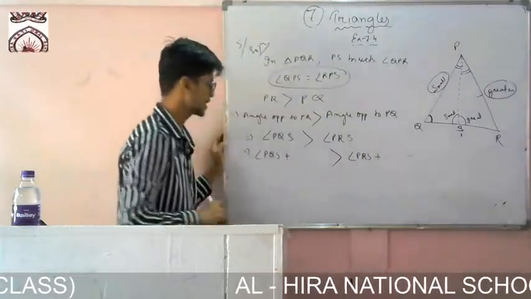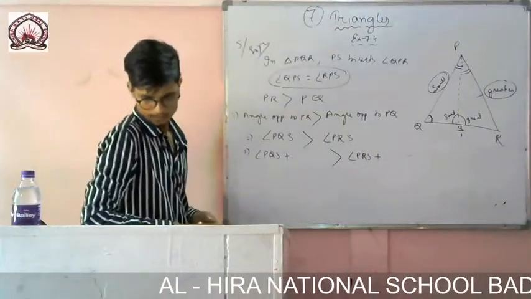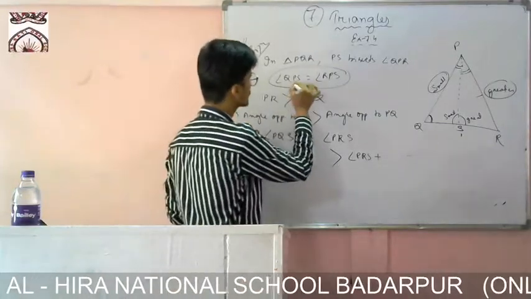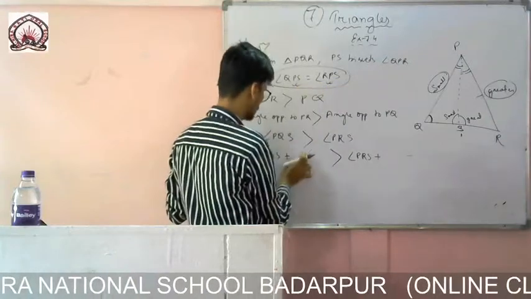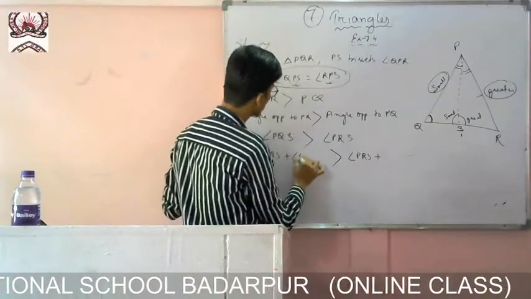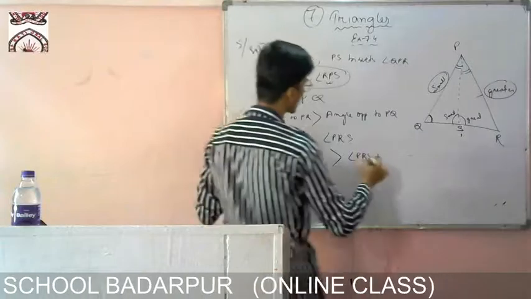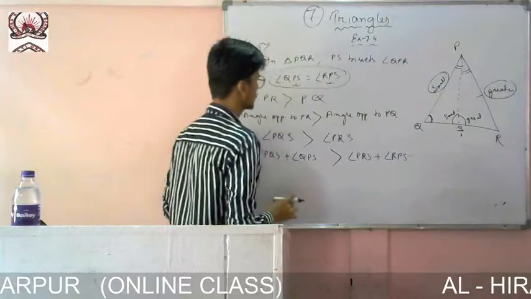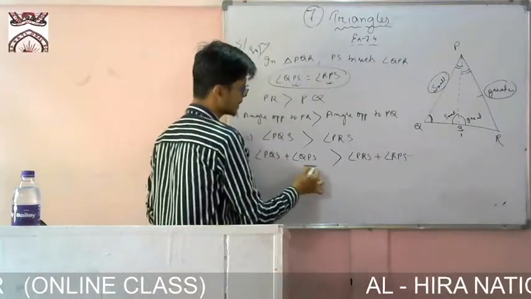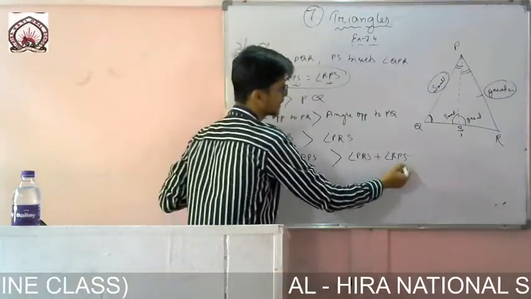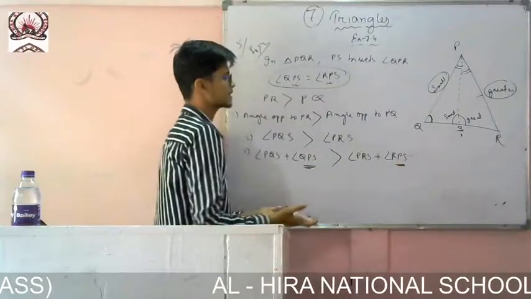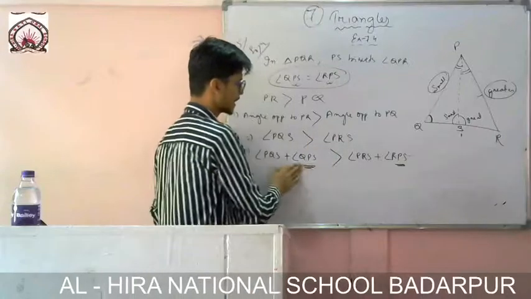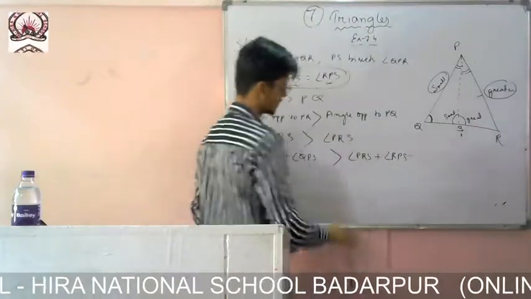Now, to this one I am adding angle QPS, and to that one I am adding angle RPS. These two are the same, so it doesn't matter which one I write here. But if I write this one here, then later on I can relate something. You will see I am making it a shortcut.